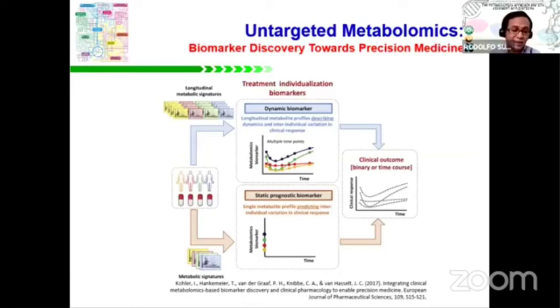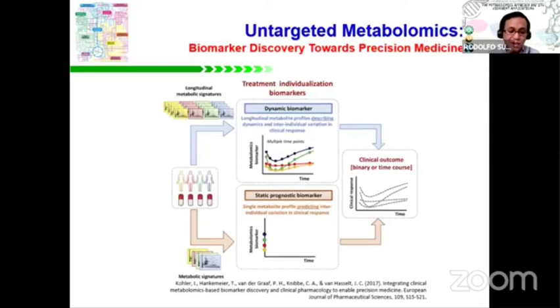Examples of static prognostic biomarkers are biomarkers that could diagnose, with high confidence, certain diseases such as cancer. And recently, colleagues of mine from University College Dublin patented metabolite biomarkers that could lead to high-level diagnosis of certain types of prostate cancer among the Irish population.